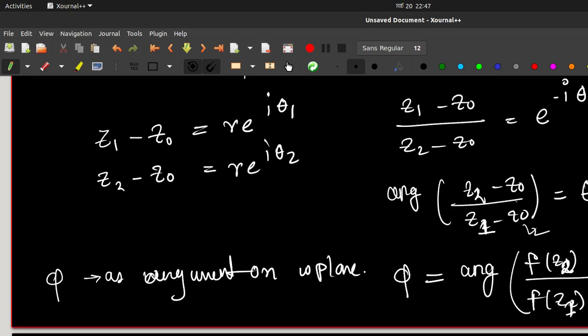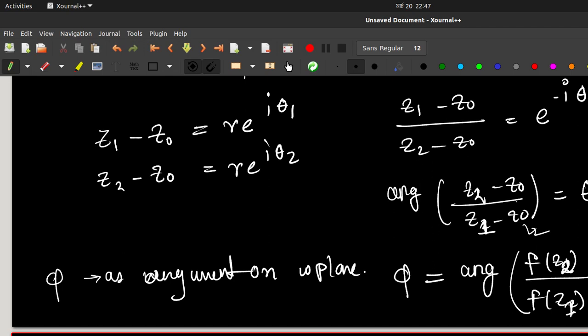Now after taking this limit, we are calling this theta. Similarly on the w plane, phi would be defined as this limit where the distance on the w plane will also go to 0.